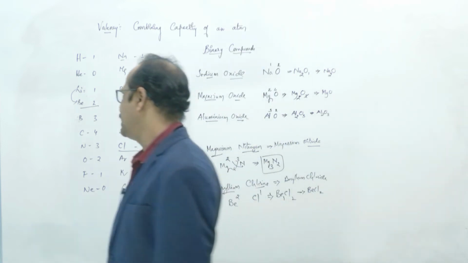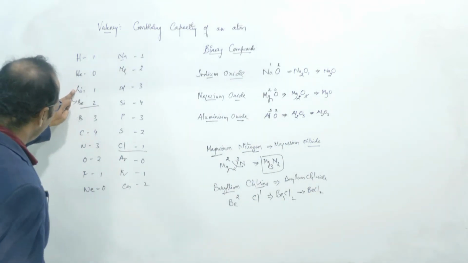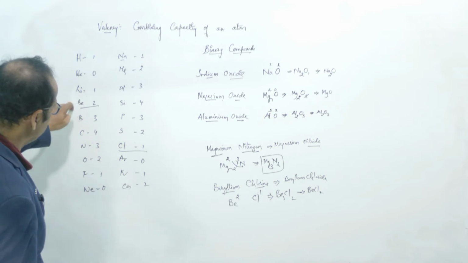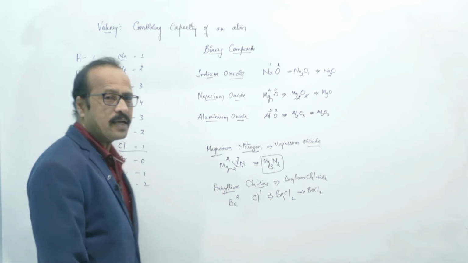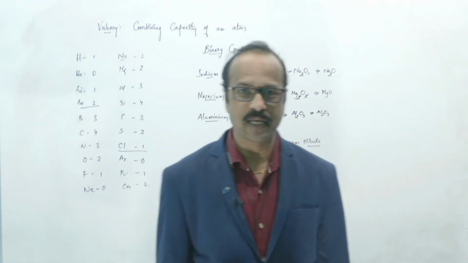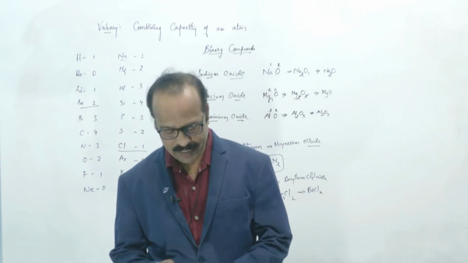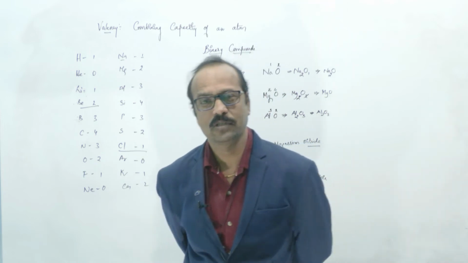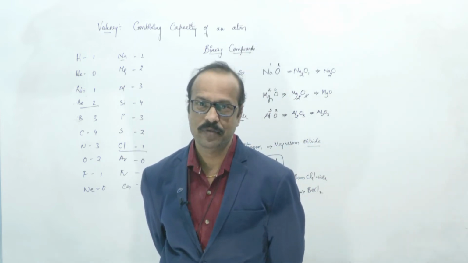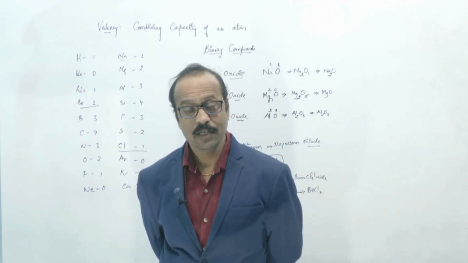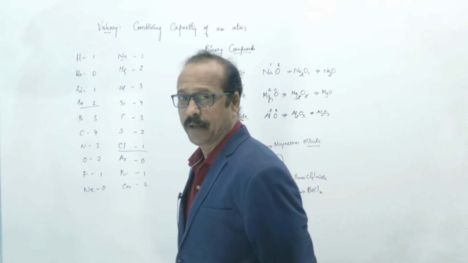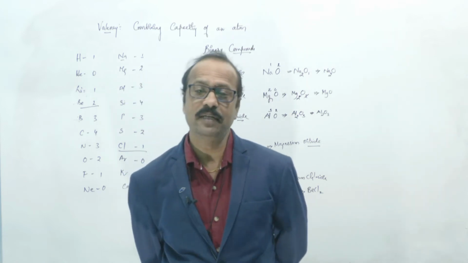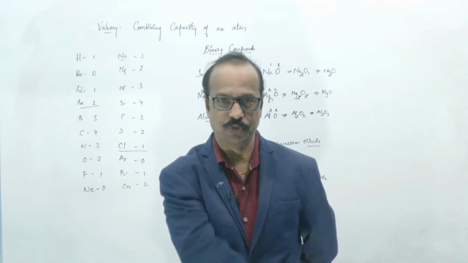Right. So see, students, here in these 20 elements, some are metals, some are metalloids, some are non-metals also. This already we discussed, metals, metalloids and non-metals, right? So generally metals exhibit positive valency.